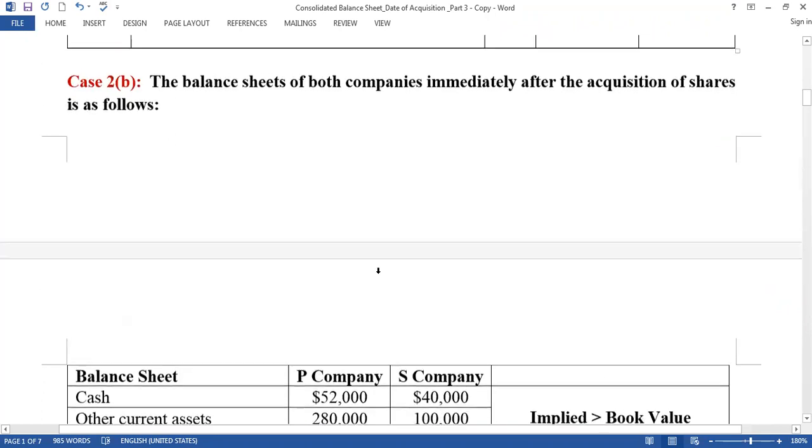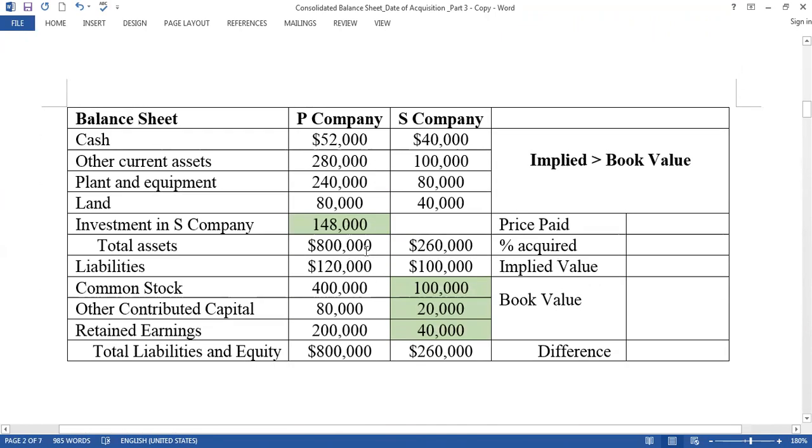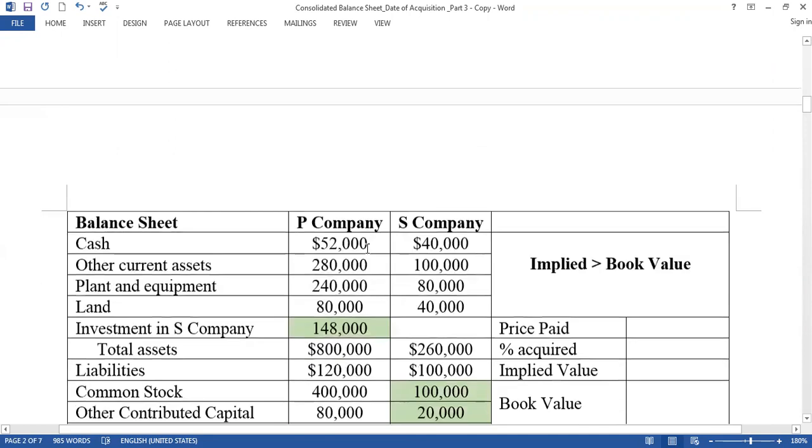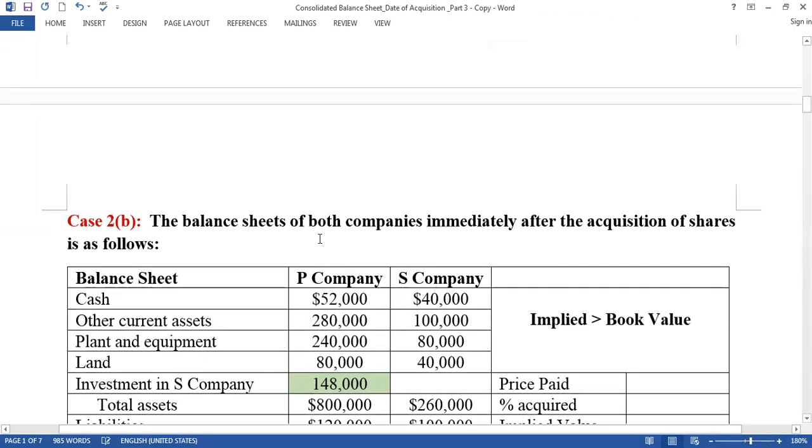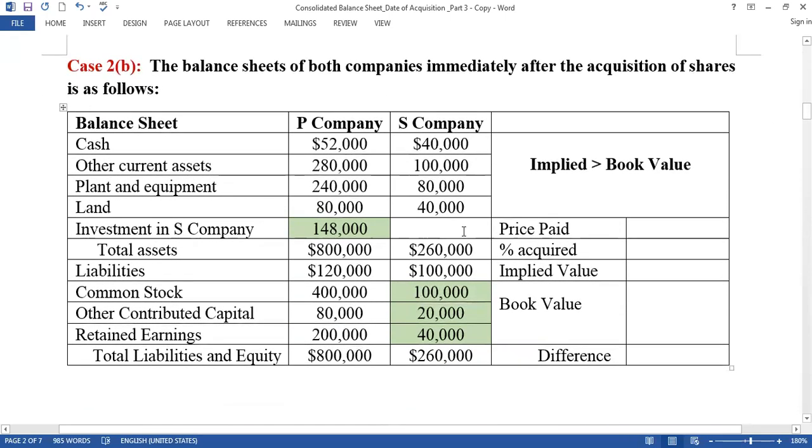Now let's see more information. The balance sheet of both companies immediately after the acquisition is given.